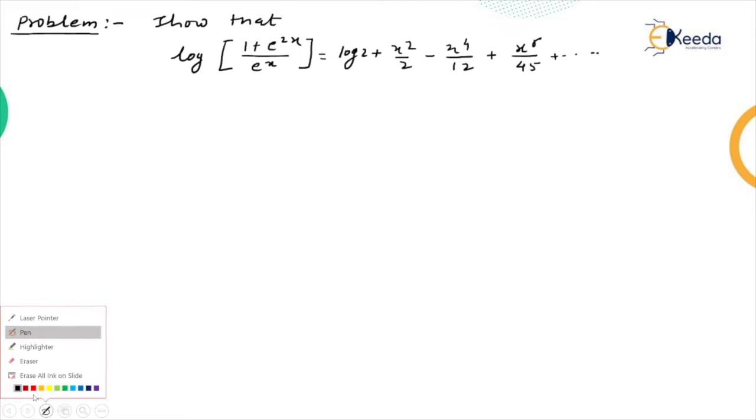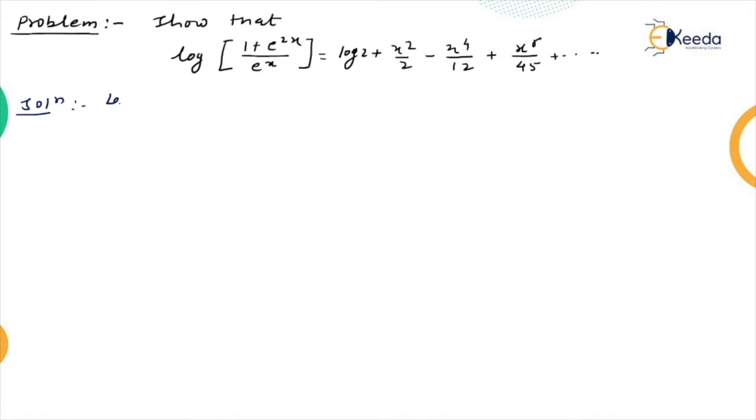Now let me start how to solve this question. So I am starting the solution, guys. How to solve this? Let the given term be the RHS. So the RHS is log of (1 plus e to the power 2x) upon e to the power x.